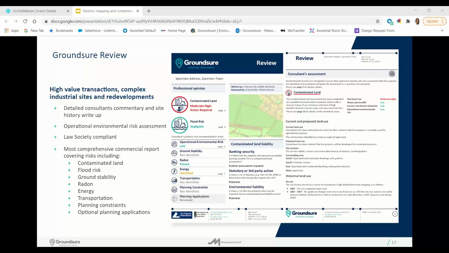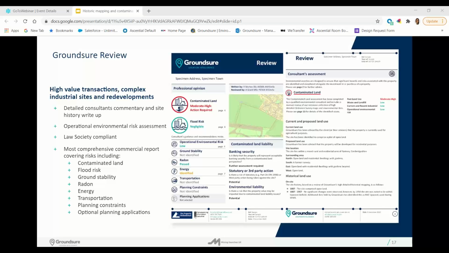If you have a client from a commercial perspective that is going to be redeveloping property, then something like the review really looks at everything. It'll look at the earliest map that we have of the property and give you a full timeline of any significant changes that have happened to that land or property over time, from the earliest map we have up until present day.